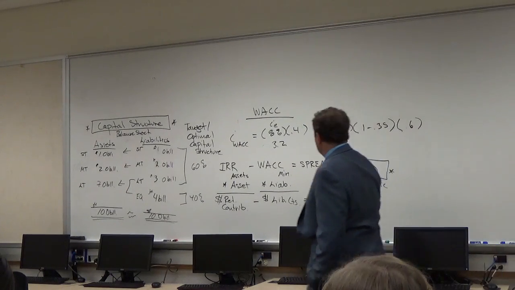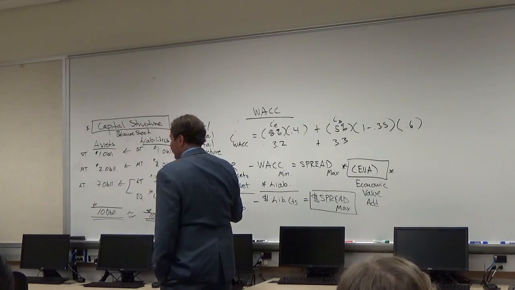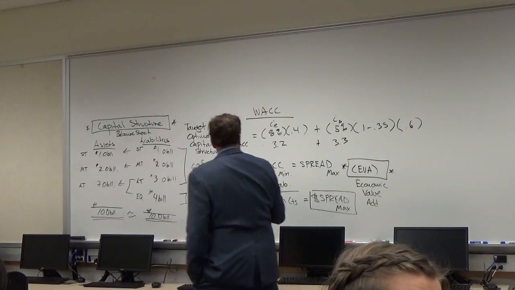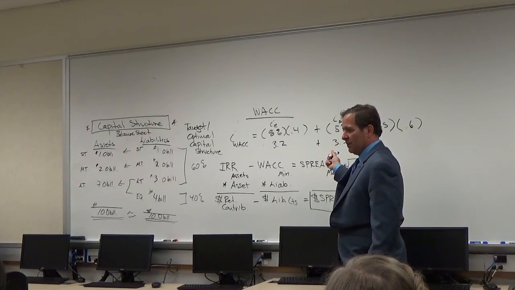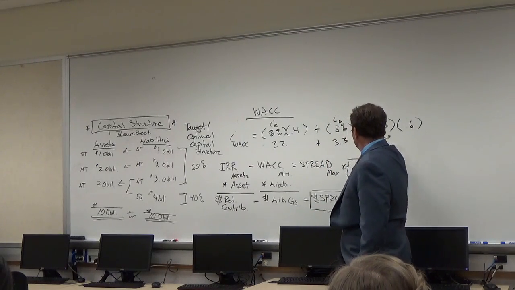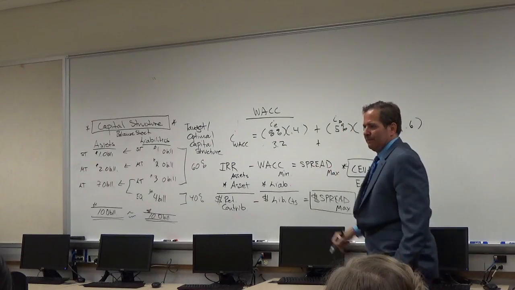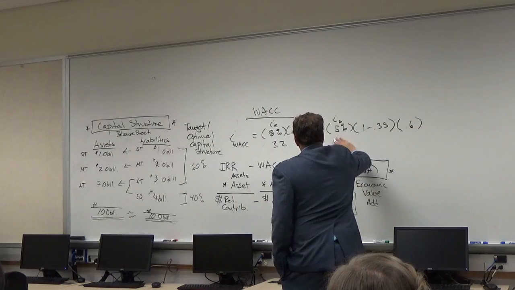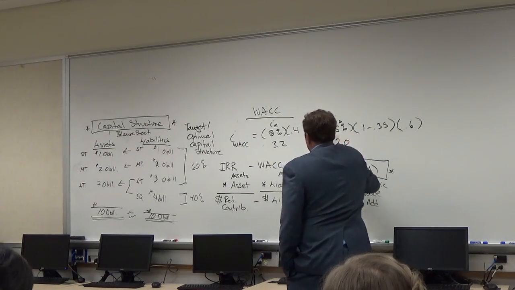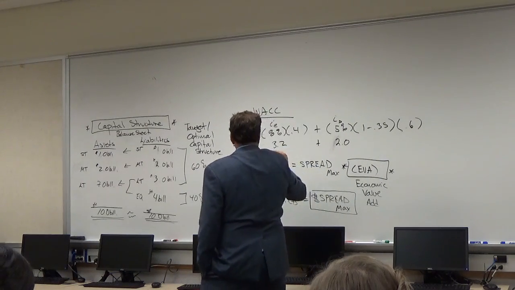So it's 3.2 plus 1.95, about 5.2. So the weighted average cost of capital is 5.2.